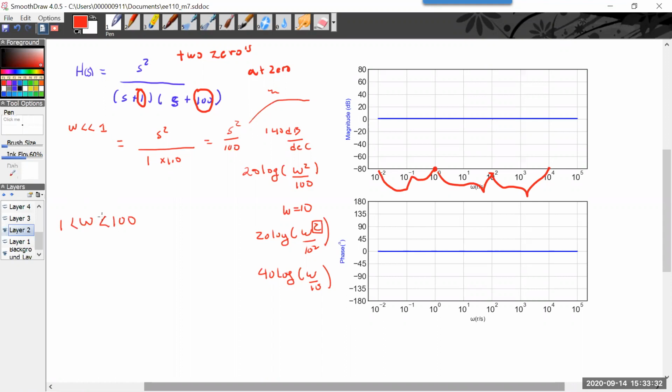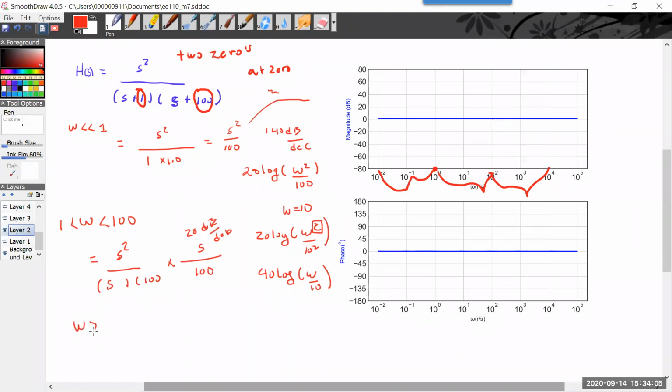When omega's in between, we're going to have S times 100, and now we're going to have just a 20 dB per decade slope line.